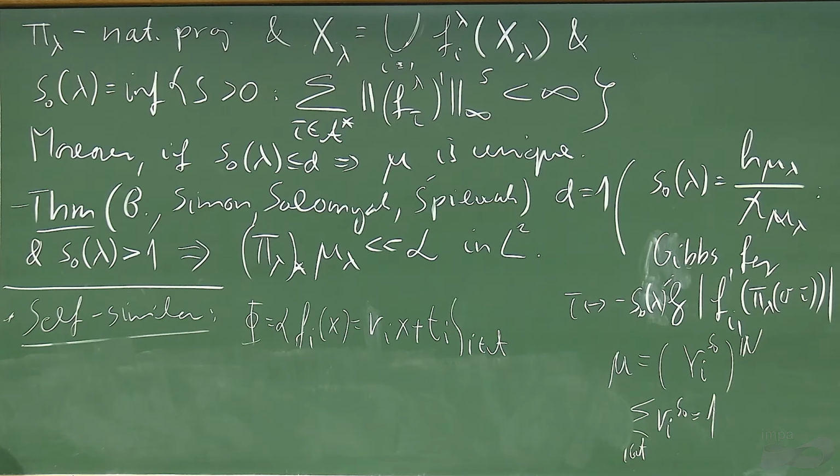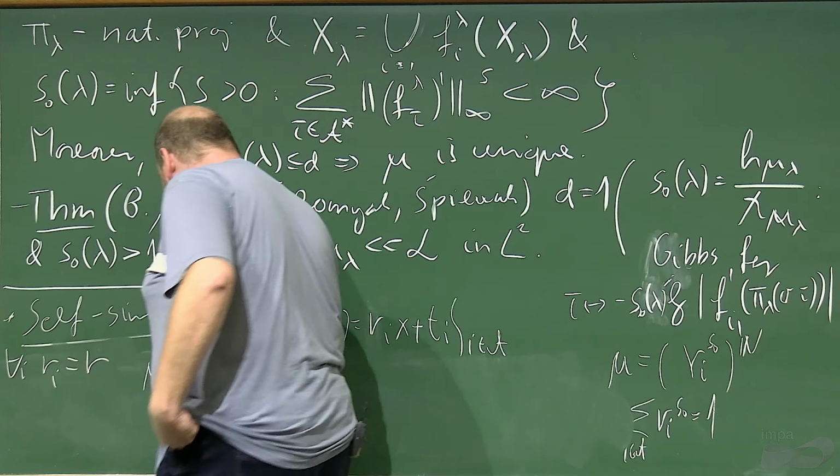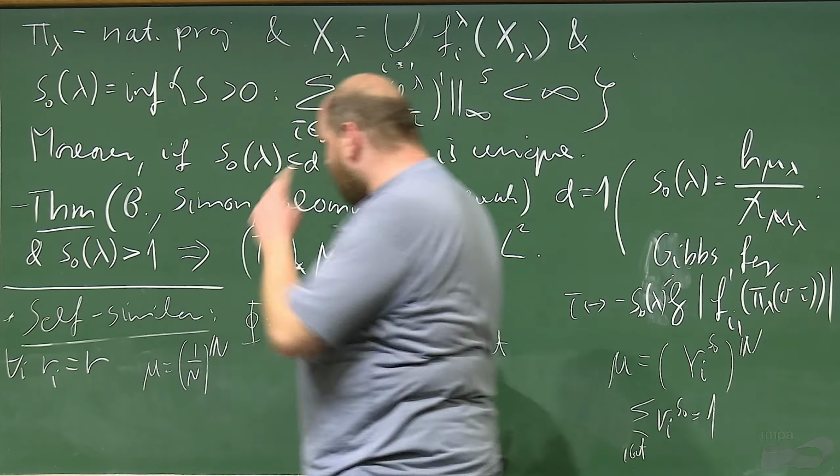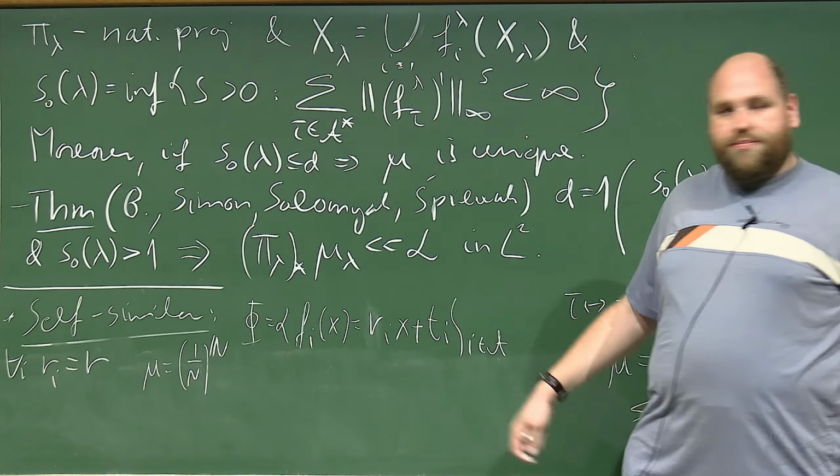Let's put it in the following way. Let me only state the special case, where I am certain at the moment that the contracting ratio is the same for everyone. This means my measure is the uniform Bernoulli measure.